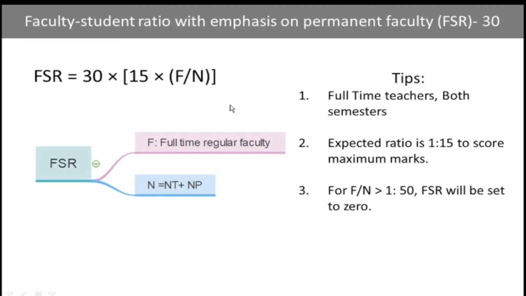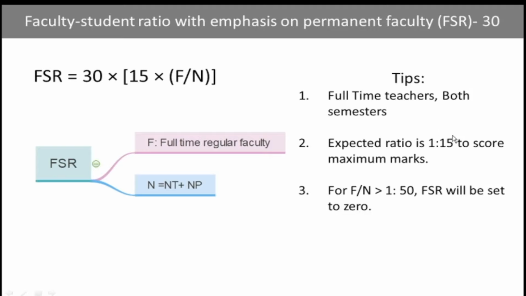Now just look at this possible calculation over here. If F upon N for your institution is 1 upon 15, then the number that you get here is 15 into 1 upon 15, that means 1, and 30 multiplied by 1 will be 30. So you can get a maximum of 30 marks if your faculty to student ratio is 1:15.